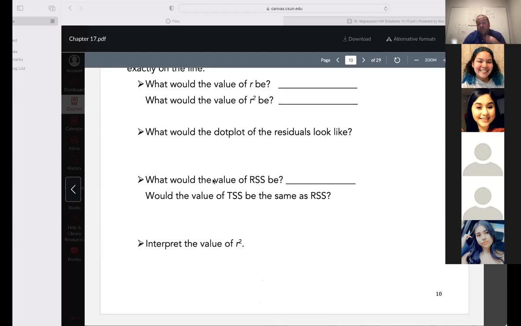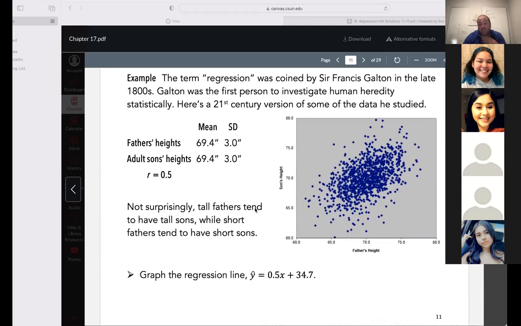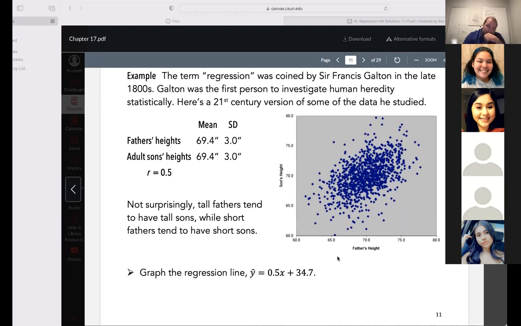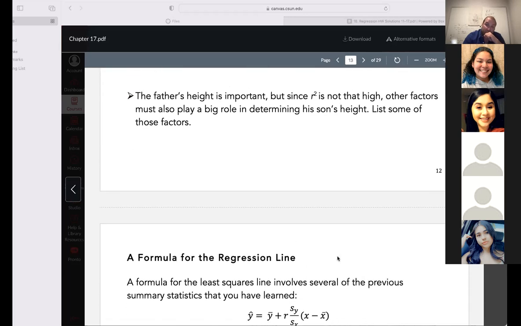25% of the explanation behind son's heights can be attributed to the father's heights, which leaves how much to other factors? 75%. Would you say that father's heights is a large factor in son's heights? Not really. Well, 25% might still be a pretty large amount.